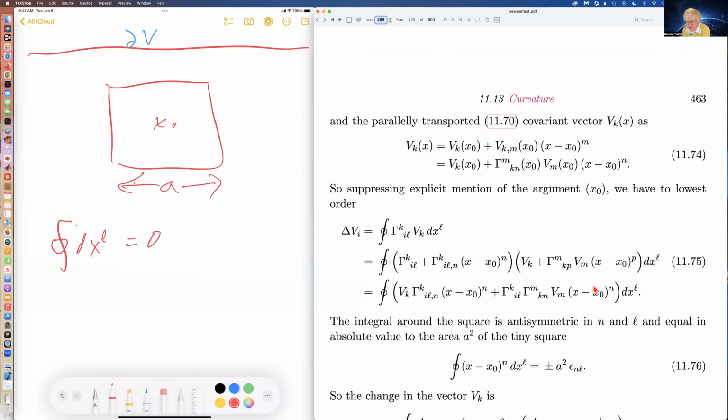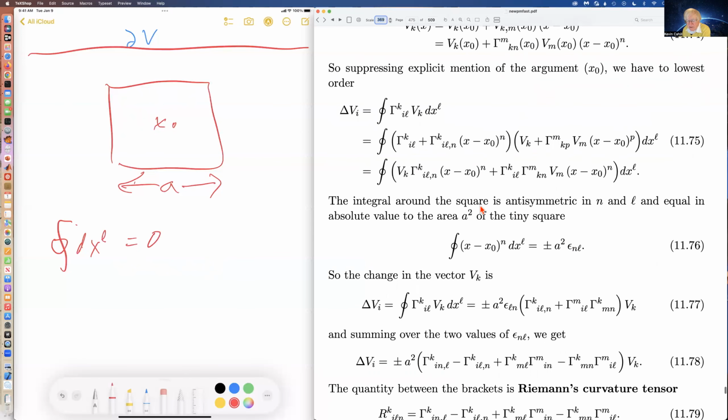And so what you have left is this. And I showed last time explicitly that the integral of the nth coordinate, the difference between the nth coordinate and the nth coordinate at the center of the square, integrated around the surface, is plus or minus the area of the surface.